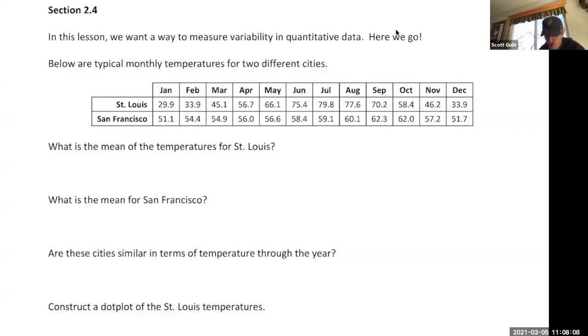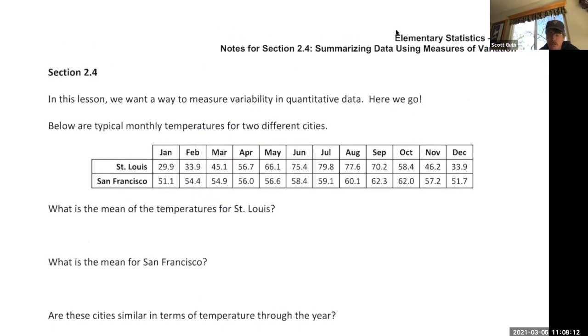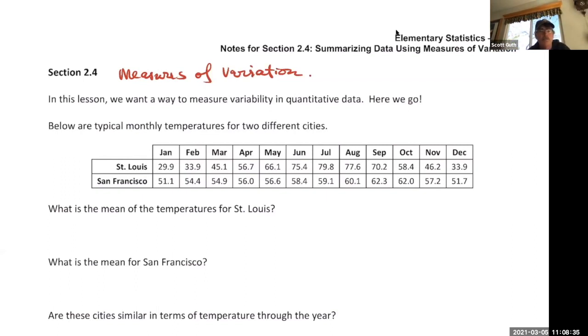Okay, so we're going to jump into 2.4 now, which talks about measures of variability or variation. I'm going to look at two data sets.